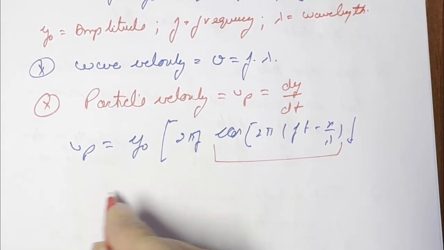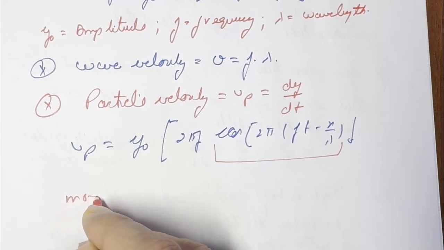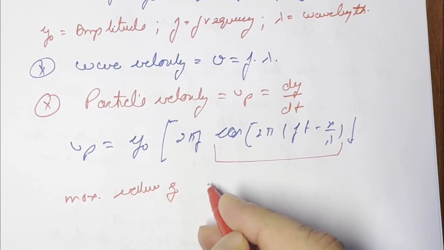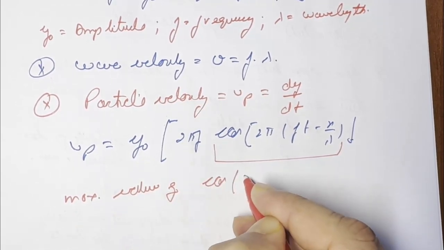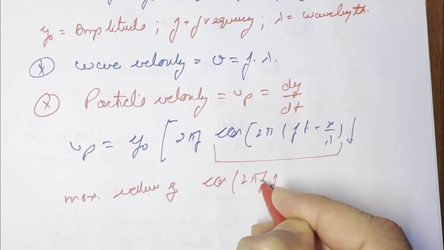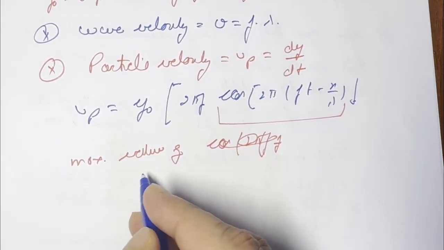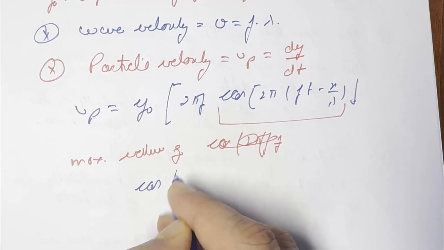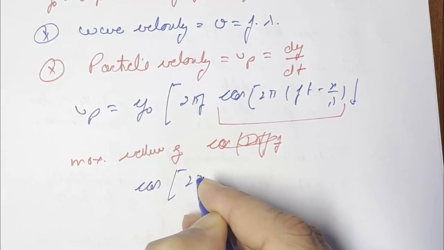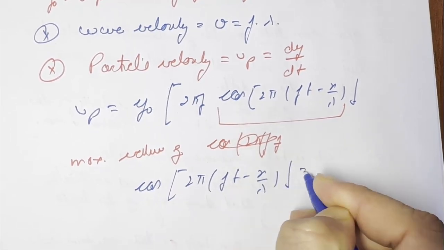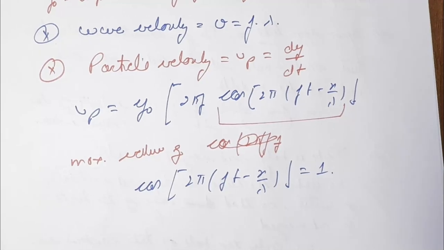Therefore we can say that the maximum value of cos 2 pi (ft minus x upon lambda) is equal to 1.